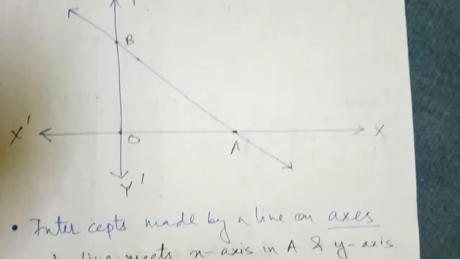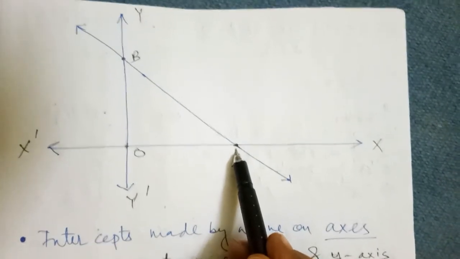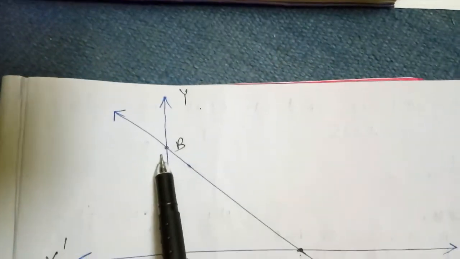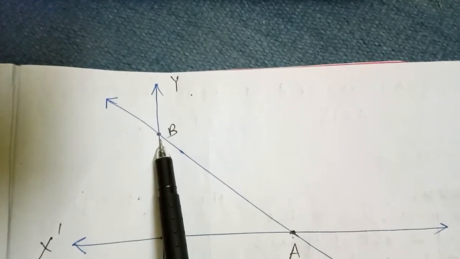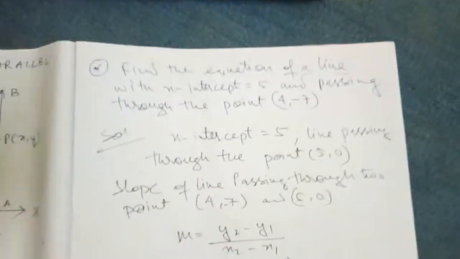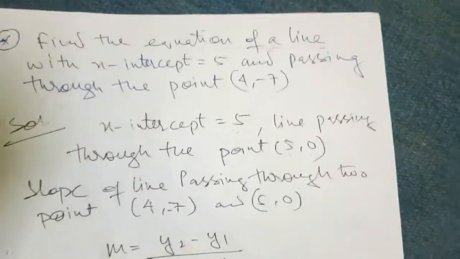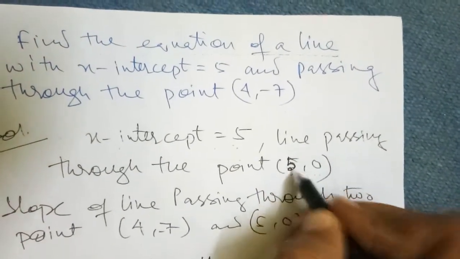Suppose the value coming here is 6, that will be 6 comma 0. If it is coming on the y side as 5, it will be 0 comma 5, because the x value is 0 and the y value is 5. The same thing I have done here: the x intercept means the point will be 5 comma 0.